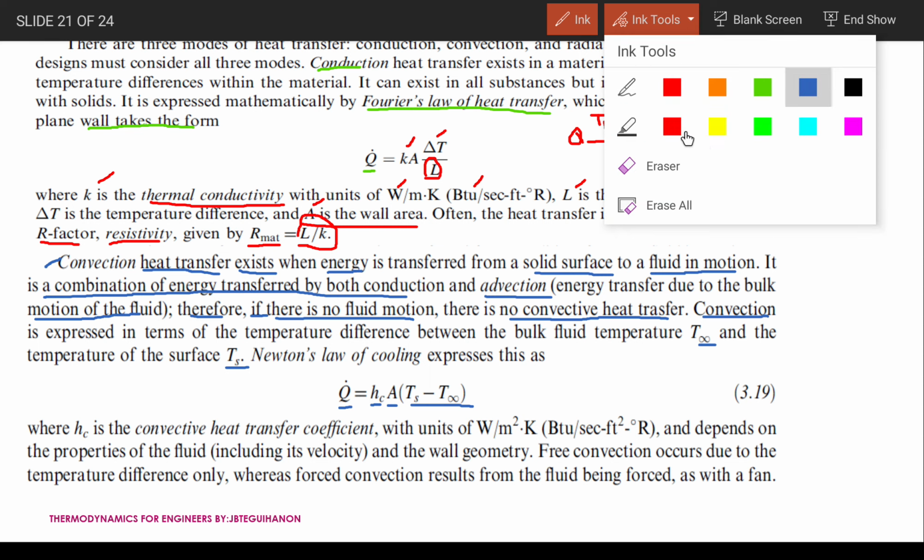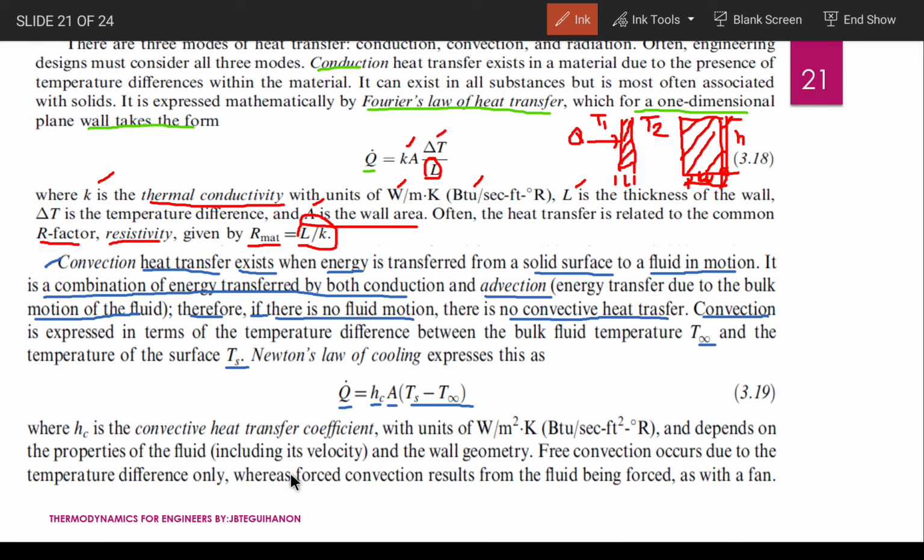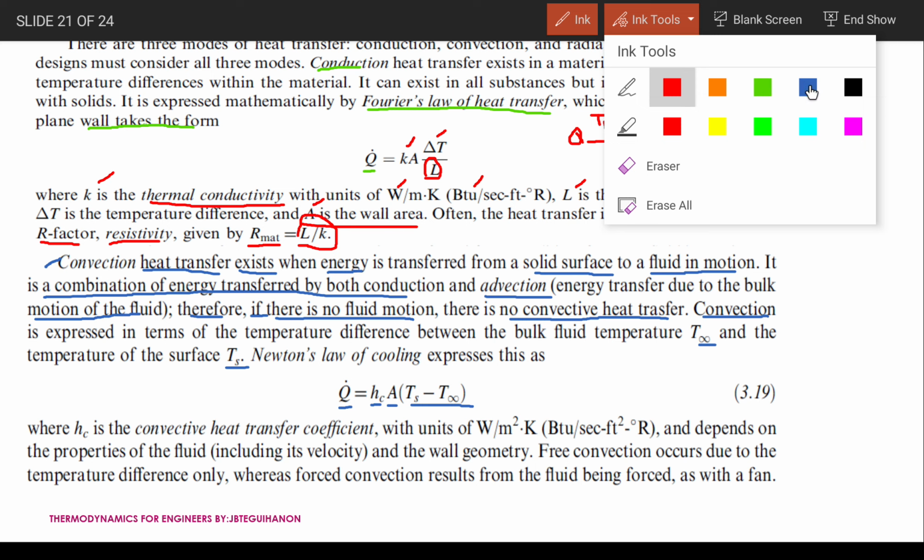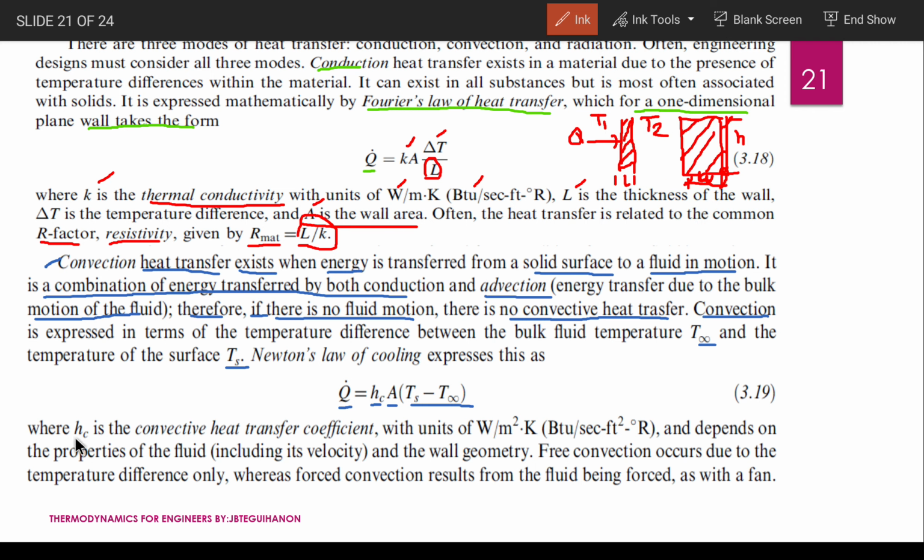Where H sub C is the convective heat transfer coefficient. Ang unit niyan, watt per square meter Kelvin or BTU per second foot square Rankine pagka sa English.